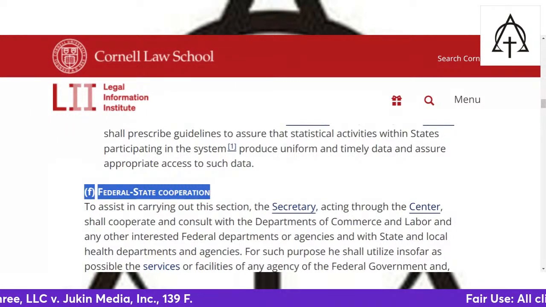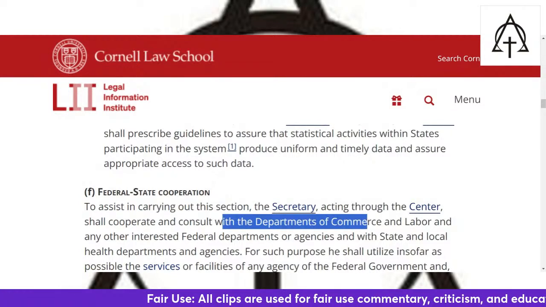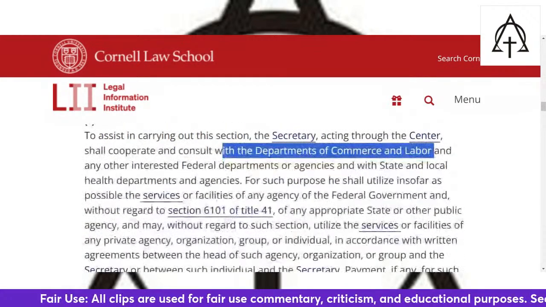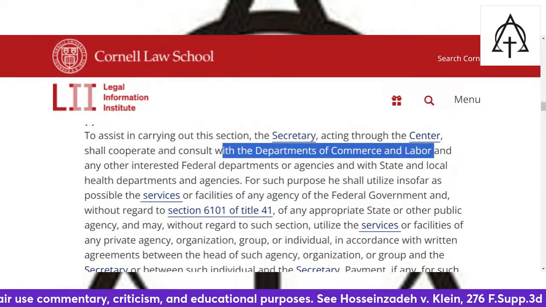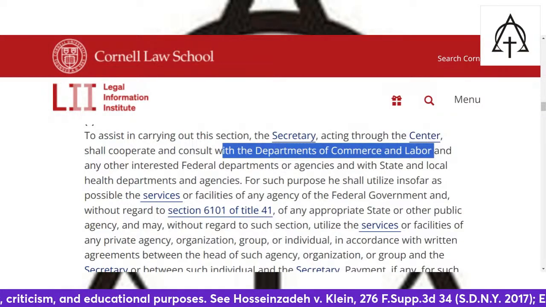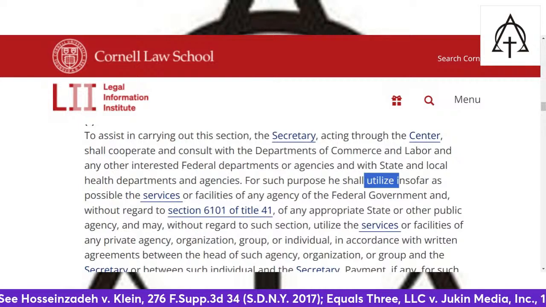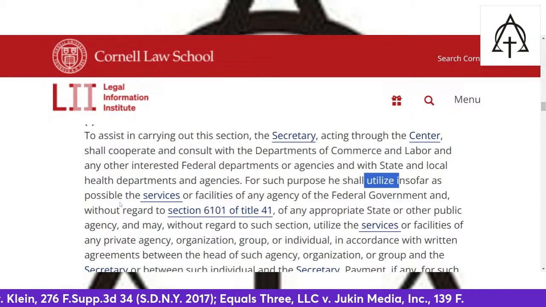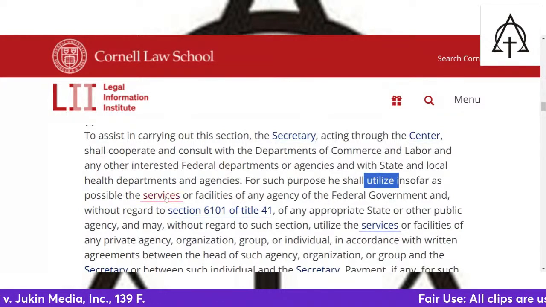Federal state cooperation. To assist in carrying out this section, the Secretary, acting through the Center, shall cooperate and consult with the Department of Commerce and Labor and other interested federal departments or agencies and with state and local health departments and agencies. For such purpose shall utilize insofar you are the utility company. You are being utilized insofar as possible the services, the personal services of you or facilities of any agency of the federal government and without regard to Section 6101 of Title 41.